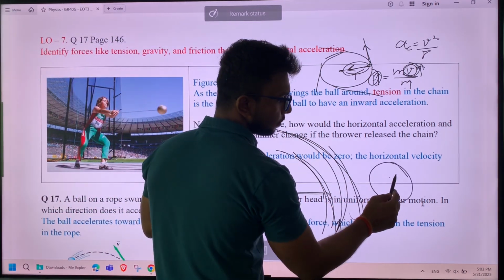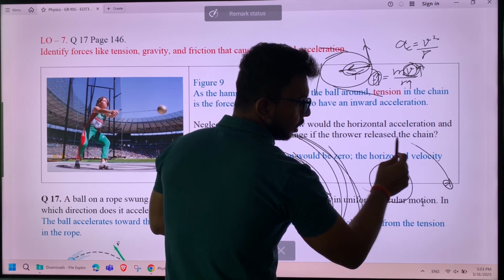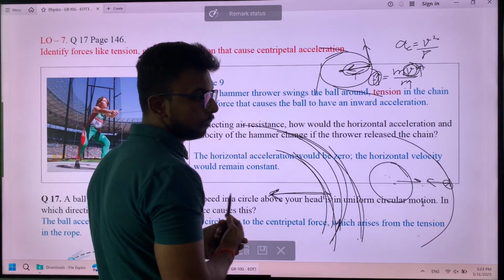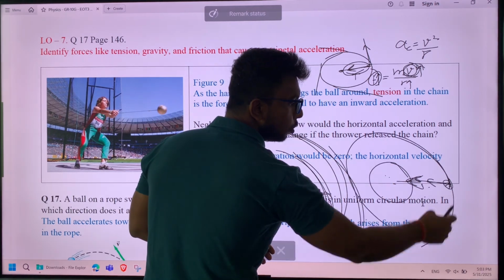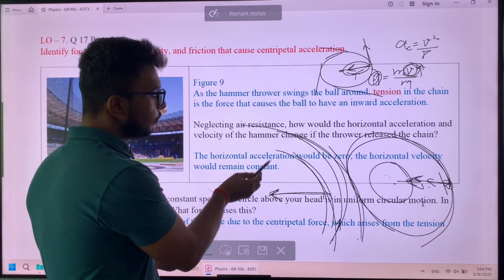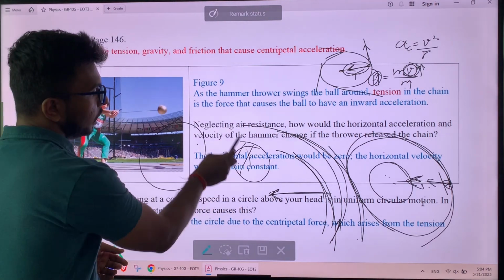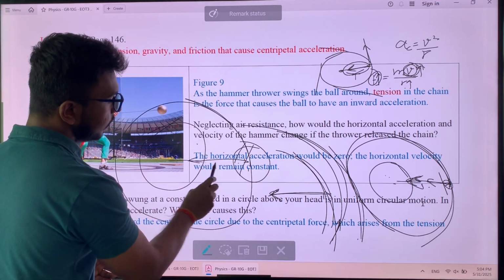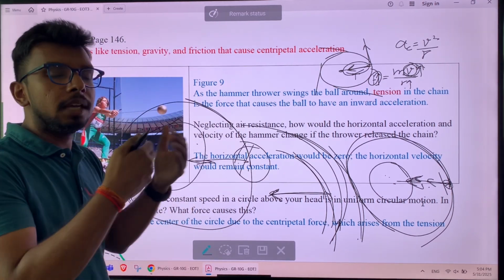If this is Earth and the Moon is rotating around it, the force between the Moon and Earth is a gravitational force, and this provides the centripetal force for the Moon to move in orbit around the Earth. In the same way, Earth keeps moving around the Sun because Earth and Sun have a gravitational force in between, which is invisible, which you cannot see.